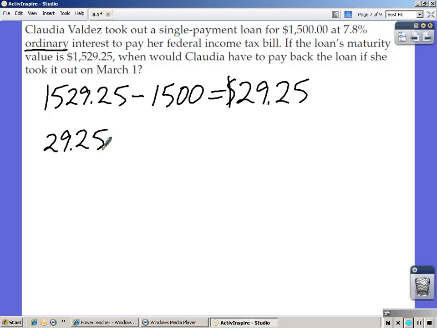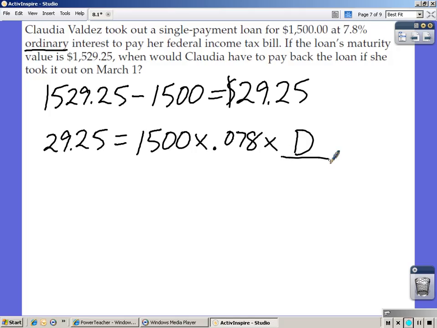29.25 equals the principal amount times the percent, 0.078, times, now I'm going to use D for days so I know how many days. This is ordinary interest, so it's over 360.